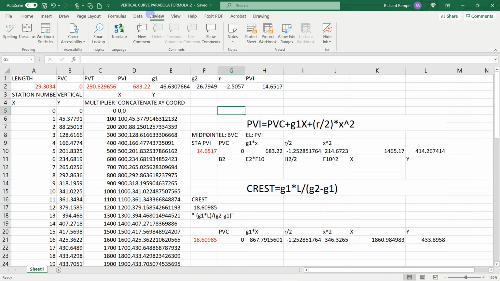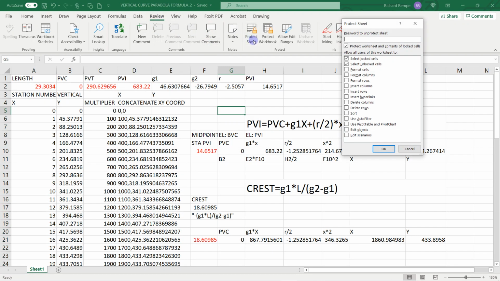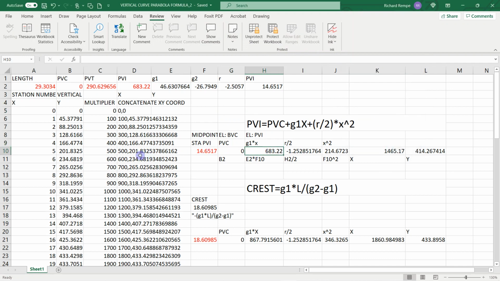So go to Review, Protect Sheet, and click OK. Now, if I click on any of these cells, you don't see the formula up there in case you're trying to do some proprietary work. So that's a little bit of a tangent anyhow. So I like to protect them so that when I finally get it to work, I just unlock these cells and everything else basically gets locked. But this is kind of a work in progress, so it may change as we go, so I'm not too worried about it.